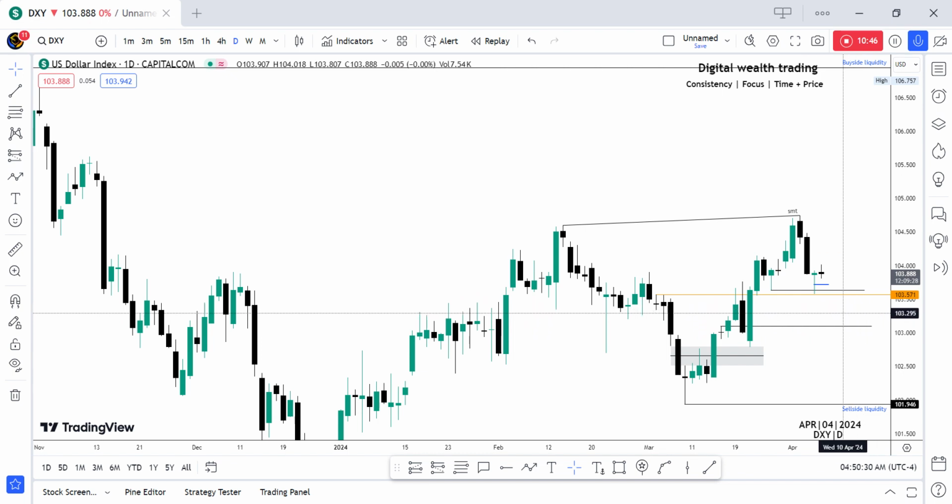Now, why I'm not looking for price to get here anymore is because on the weekly contract for Euro, we have filled that fair value gap completely. So if we bring that back into the DXY, then we shouldn't have any reason to go back inside this fair value gap.